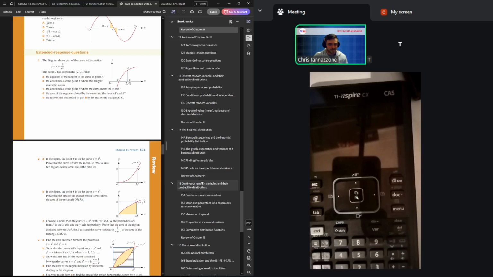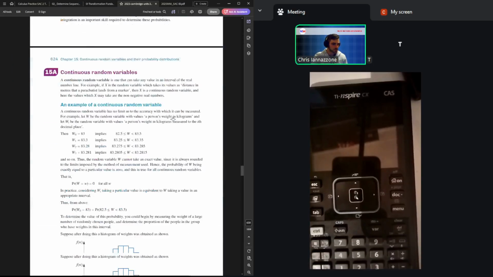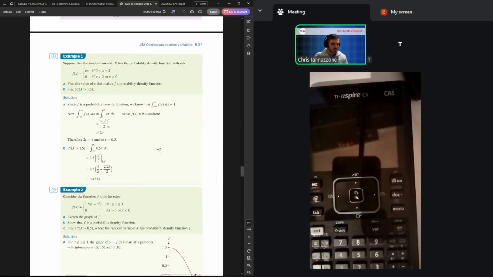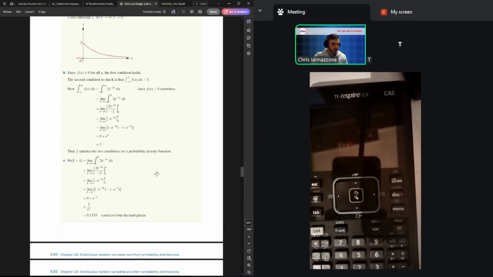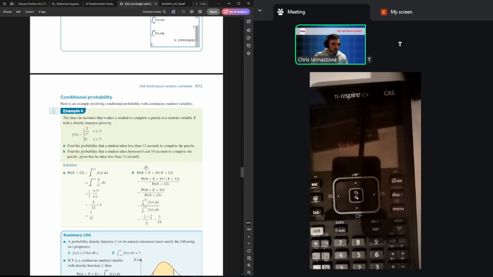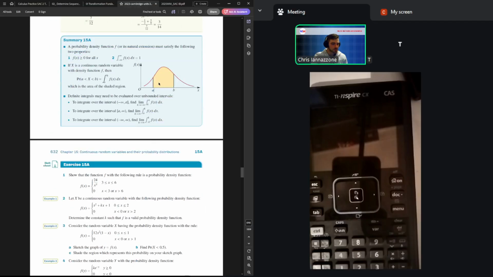For prob, does it come together with the calc stuff? Yeah, so continuous, just to give you a brief heads up, there's this section called continuous probability, and basically what you're doing is you're treating area under curve as probability. Oh yeah, I can see limits. Yeah.